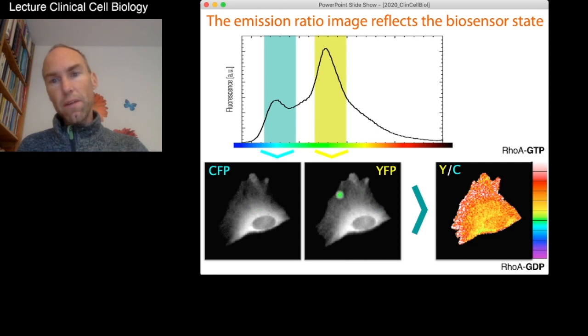And there's another image of exactly the same cell, but now imaged for the yellow intensity. And if we make a ratio of those two signals, we can actually see within the cell where the activity is high, so where we see those white pixels, and where the activity is lower, for instance, within this cell. So with this technology, we can not only monitor the activity, but also where this activity is high in a cell and where it is low.